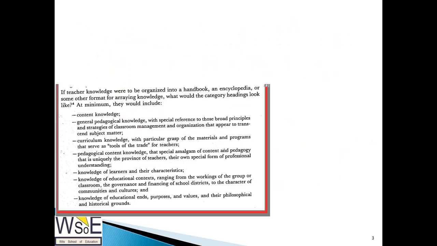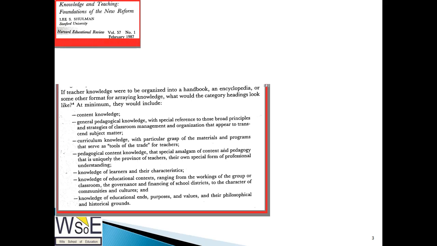Now, Shulman introduced the knowledge bases that he felt were necessary for teaching. Those included content knowledge, general pedagogical knowledge, which is the ability to maintain the broad principles of classroom management and organization that actually transcend any subject matter.